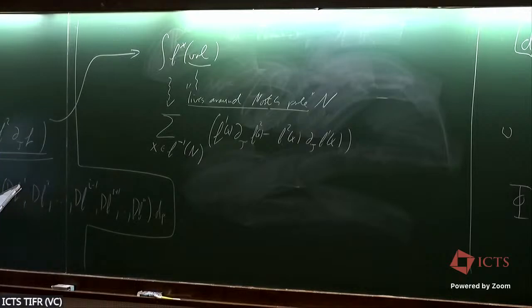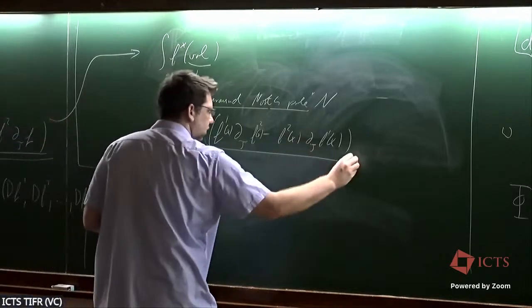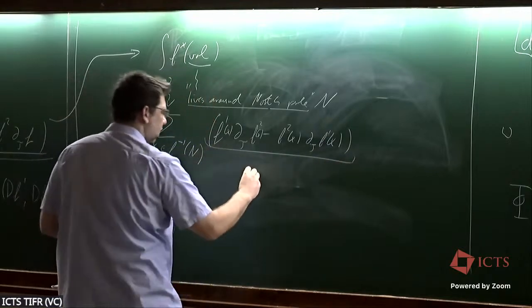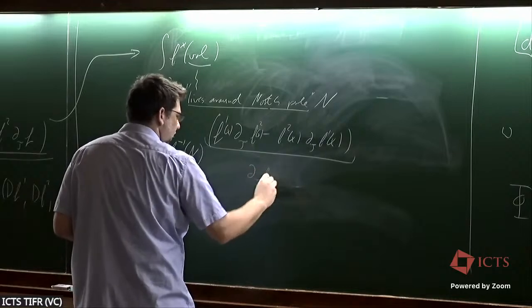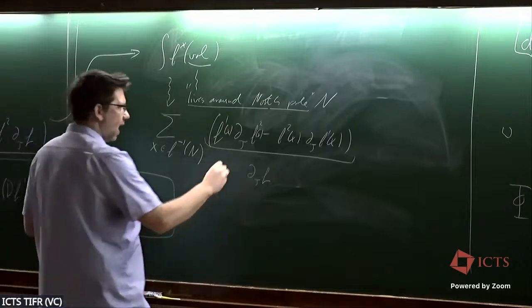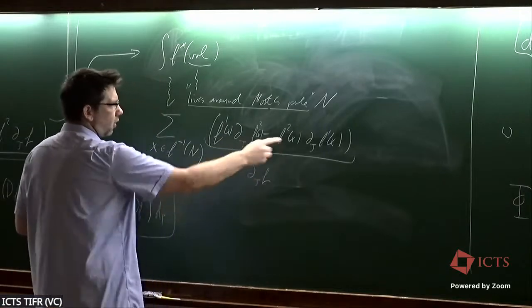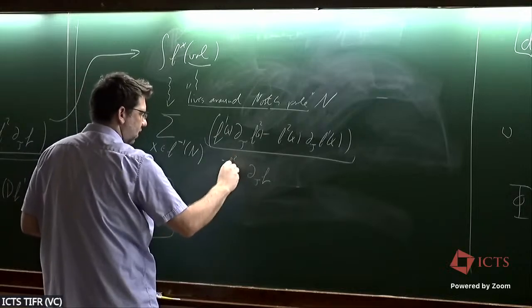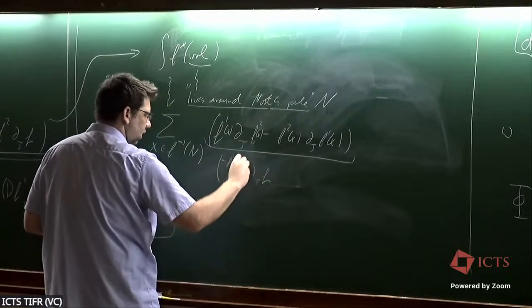Right? That's essentially localization. Okay, and now the observation is, what is this? This is a scalar product between the derivative of f, which is going around, and the rotated f. So this is minus f2 and then f1.